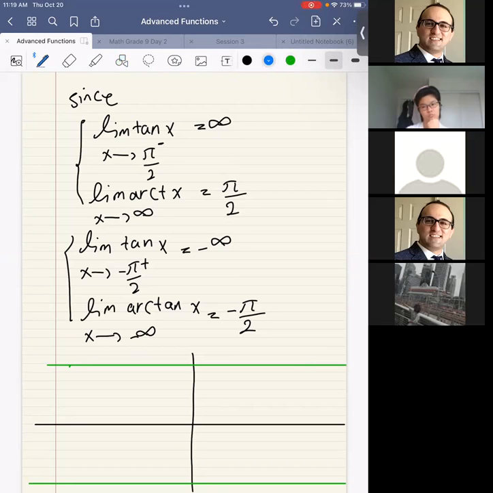And this is the graph of arctan. It looks something like this. And these two lines, the horizontal asymptotes, are y equal to pi half and y equal to minus pi half.